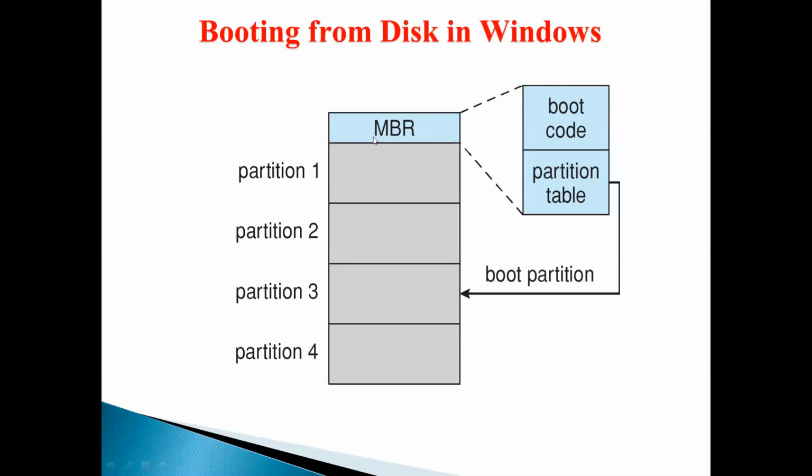And this master boot record contains a partition table which contains the information about the boot partition. Once the boot code gets executed, the system identifies the boot partition, and it will start reading the first sector from the hard disk. When it reads the first sector from the hard disk, it continues with the loading of other subsystems and system services. So this is how booting happens from the disk in the Windows operating system.